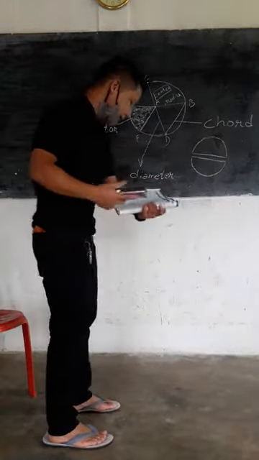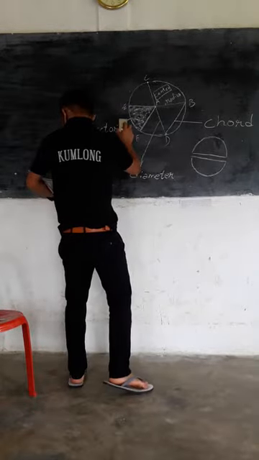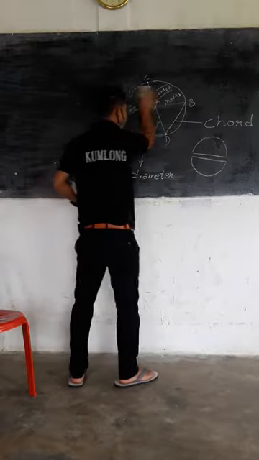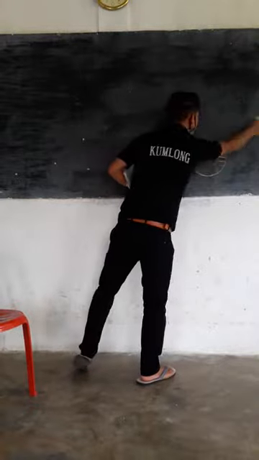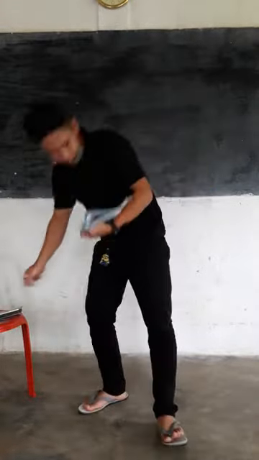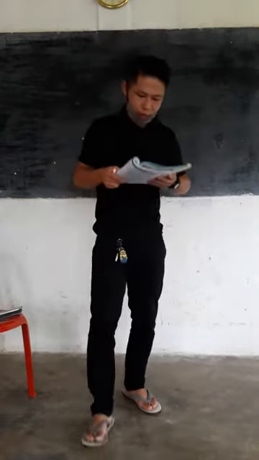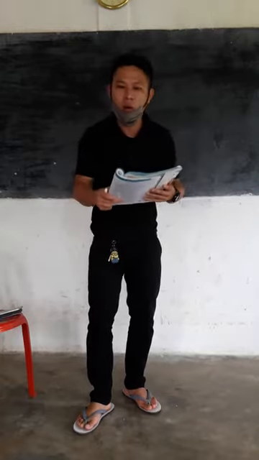Fill in the blanks with appropriate words. The first question is saying that the line segment whose end points lie on a circle is called a chord.